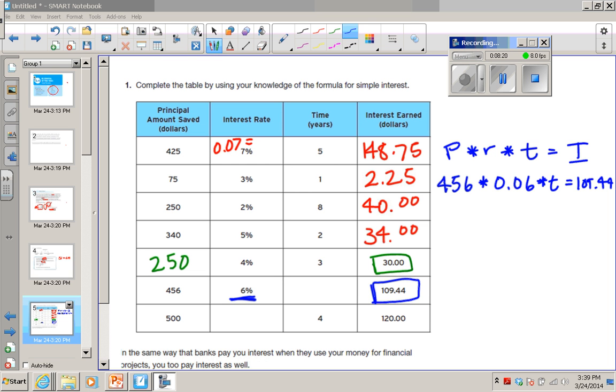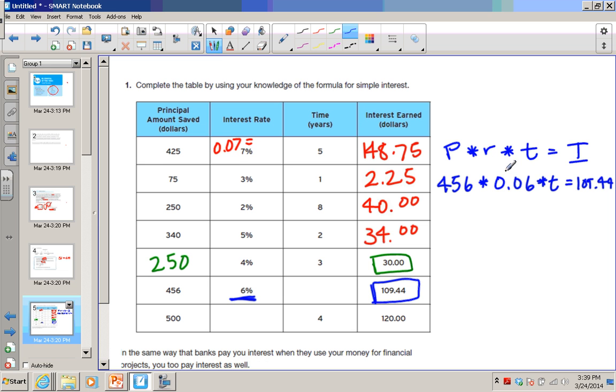So this time you're going to do exactly the same thing, and multiply these two: 456 times 0.06 gives me 27.36, and T is what we don't know.